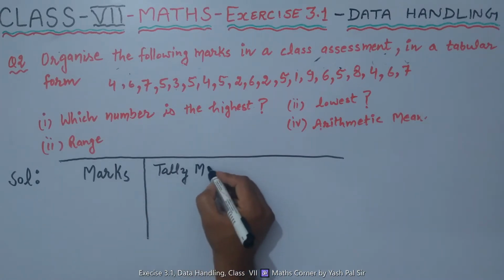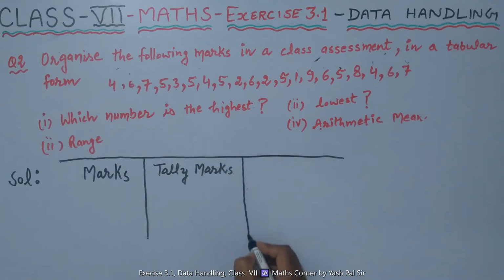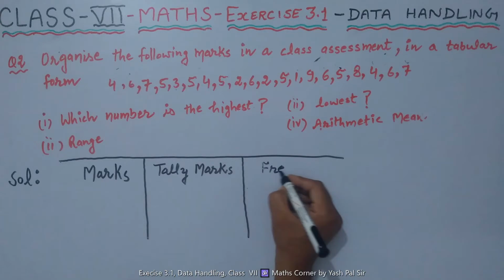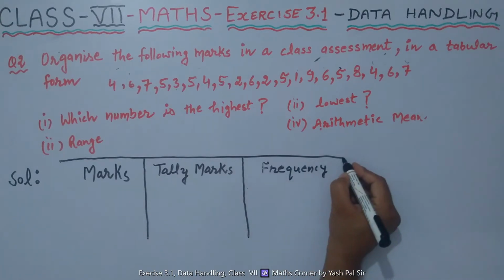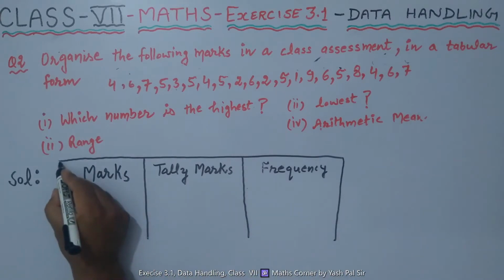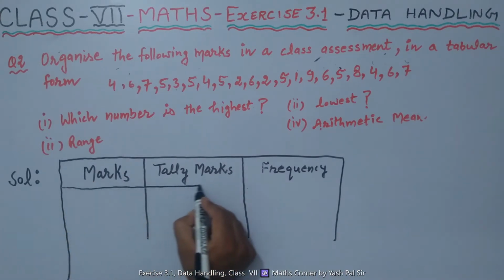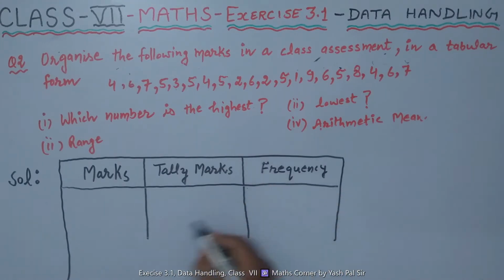In the third column we write frequency. This way one table is to be prepared like this. So the heading, the title of each column, is given here.